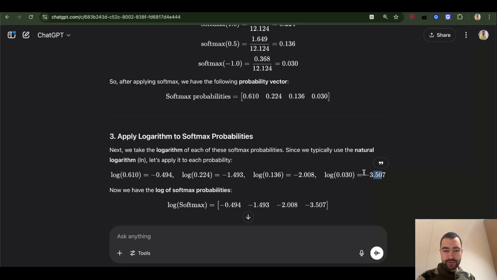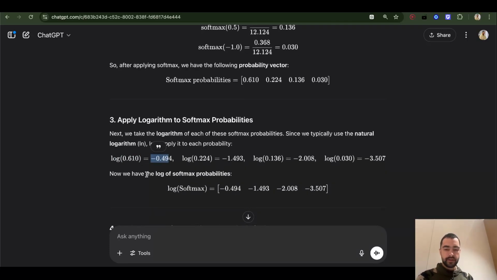Now this is negative, so later we will just remove the minus. If you don't know how to calculate the natural logarithm, you can ask ChatGPT, but basically it means e, Euler's number, to this number is equal to this number, and log is the reverse. So the log of this number is going to be this number.